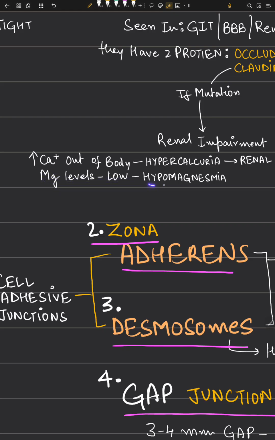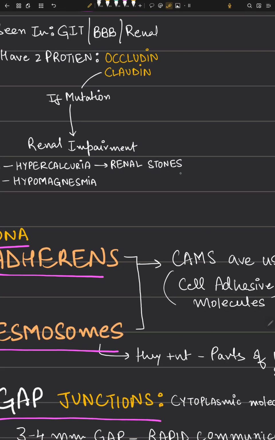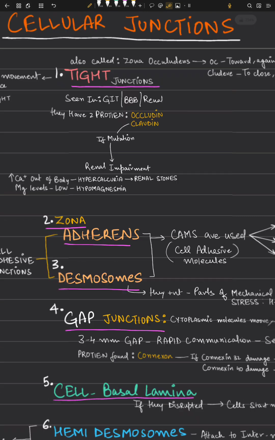So this will be hypomagnesemia and hypercalciuria in the renal system, which leads to renal stones. If someone has renal stones happening again and again, that can be an indication that their claudens may not be working.